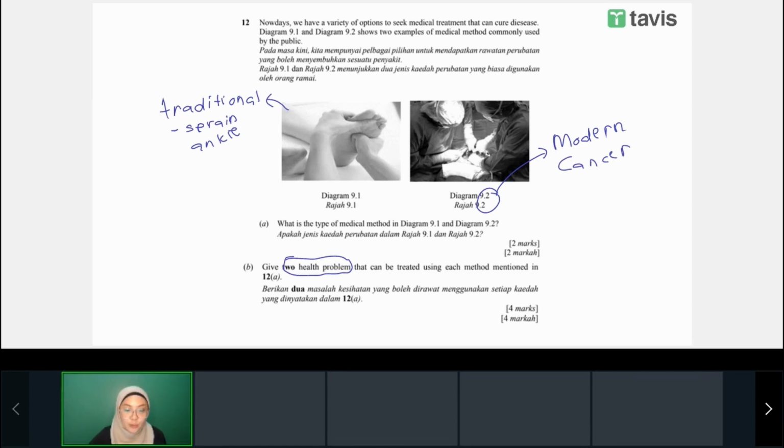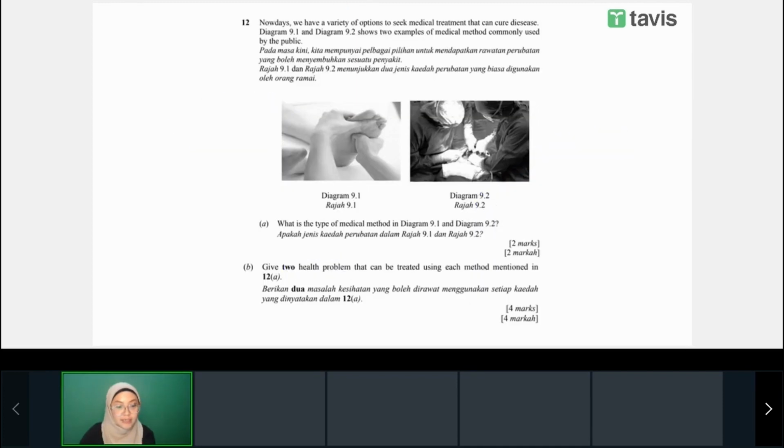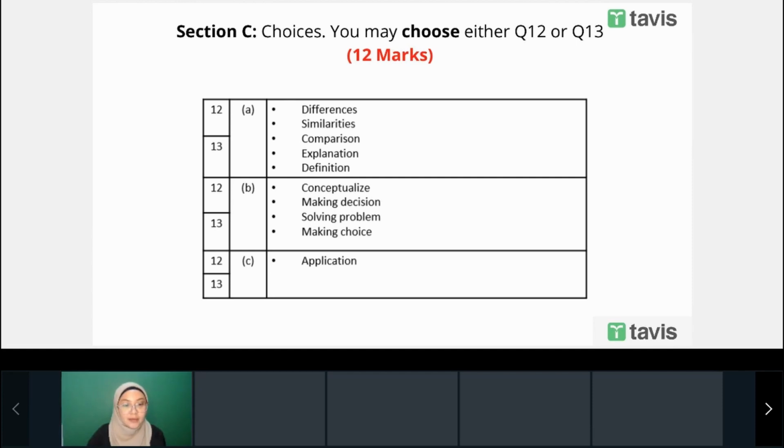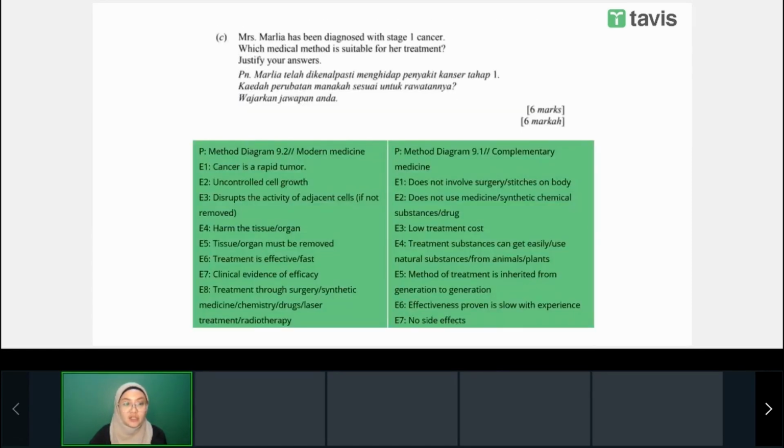Let's see Question C. Mrs. Malia has been diagnosed with stage 1 cancer. Which medical method is suitable for her treatment? Justify your answer. This is the type of question I showed just now, where you conceptualize, make decisions, solve problems, make choices. Now it needs you to make a decision for Puan Malia.